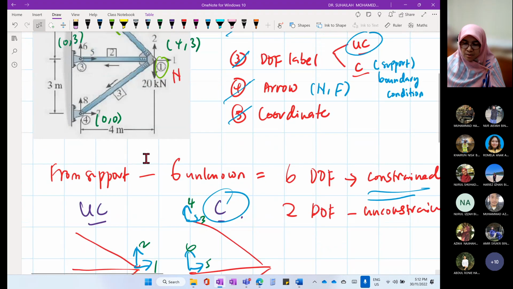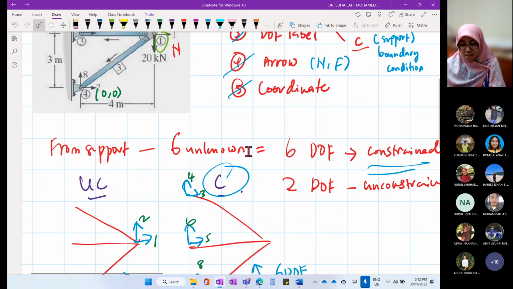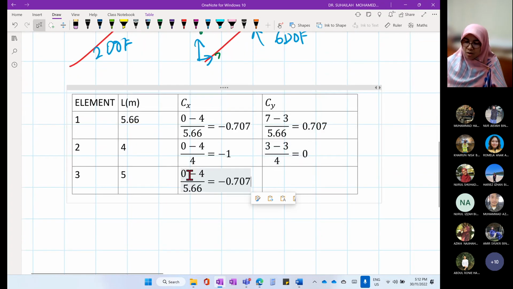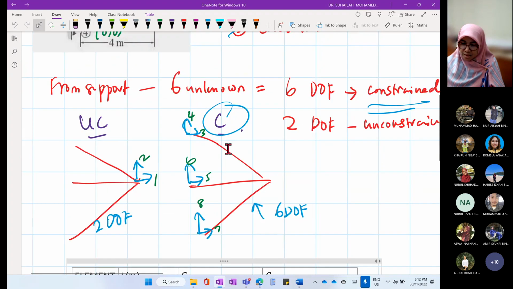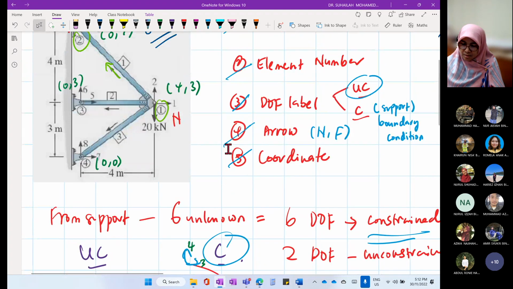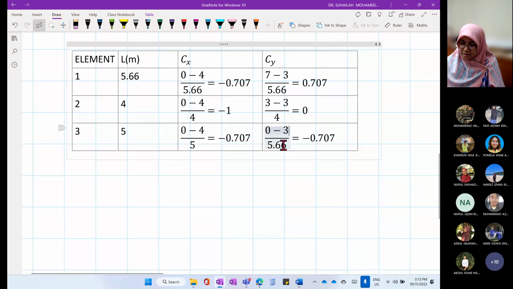What about element number 3? Look at the arrow. 4 is far, 1 is near, so it is 0 minus 4 and 0 minus 3. 0 minus 4 divided by 5 and 0 minus 3 divided by 5.